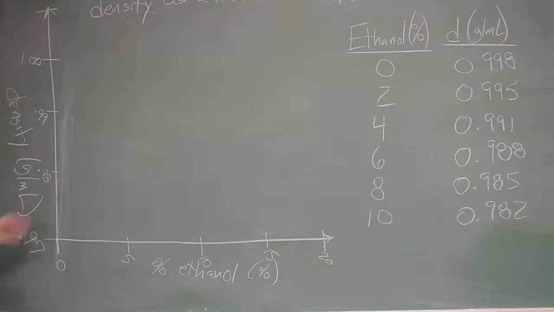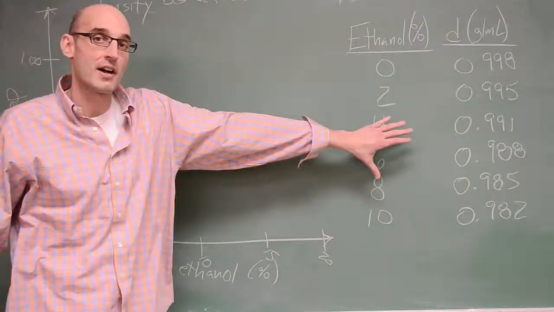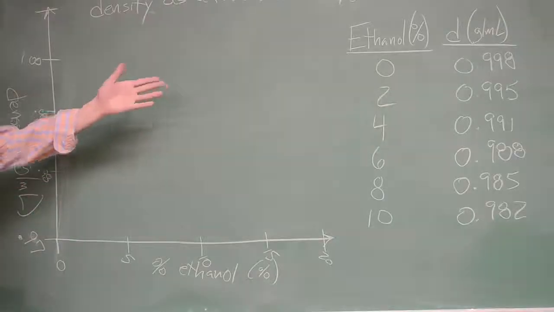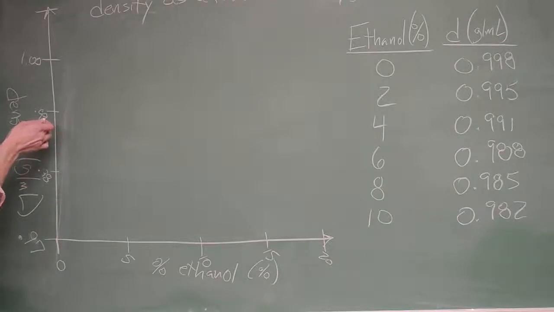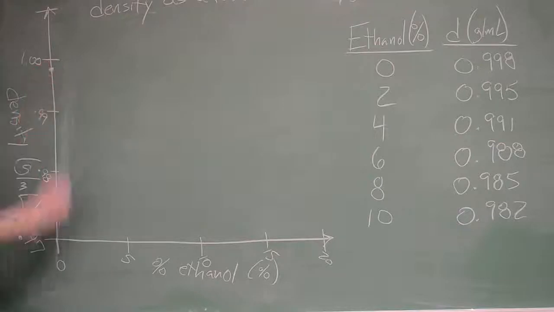So now that we have our axes, this is the data that you find on the first page, and we're going to plot that data. Ignoring the number that you actually got in the lab, we're going to plot this data. So at 0%, we expect to see 0.998, so our point should be about here.